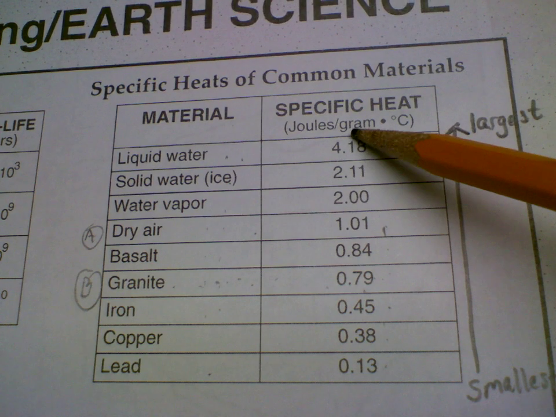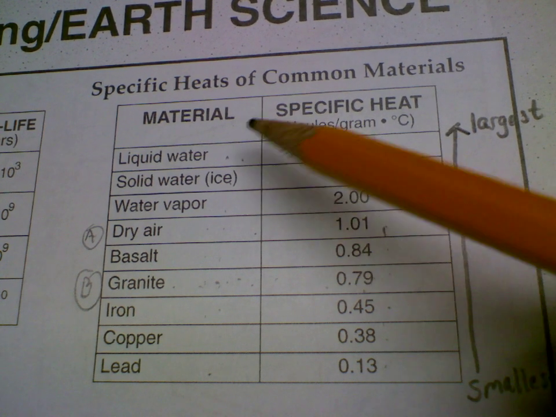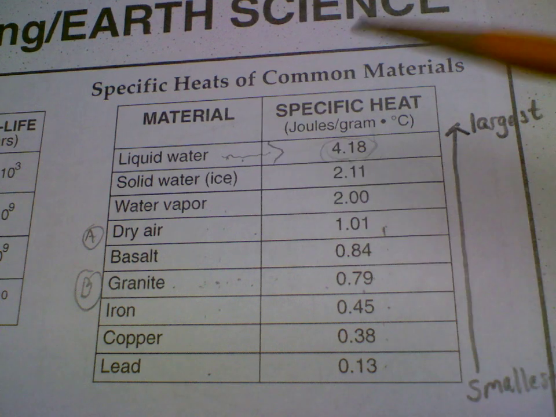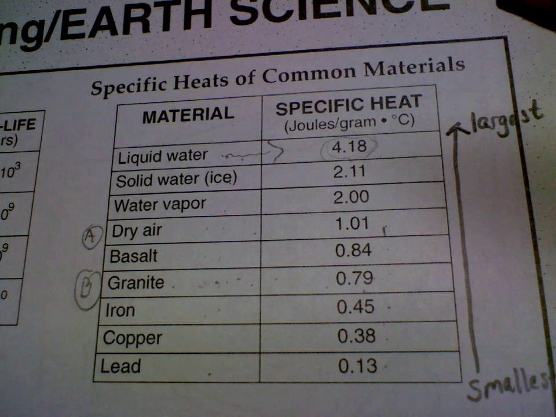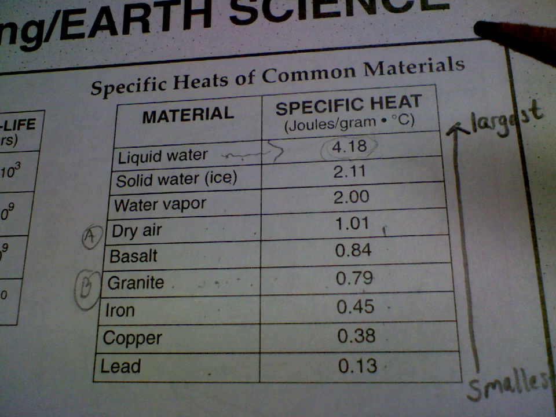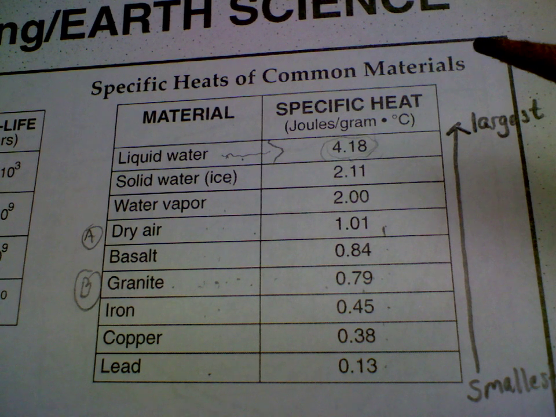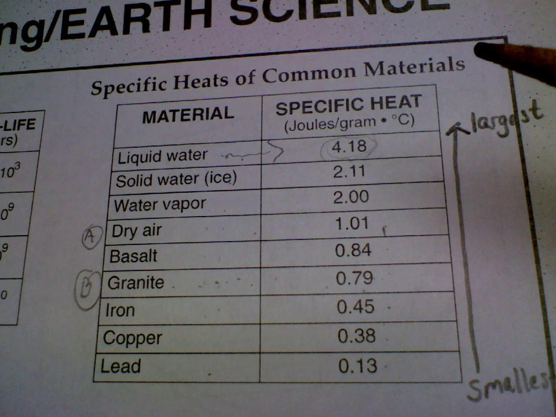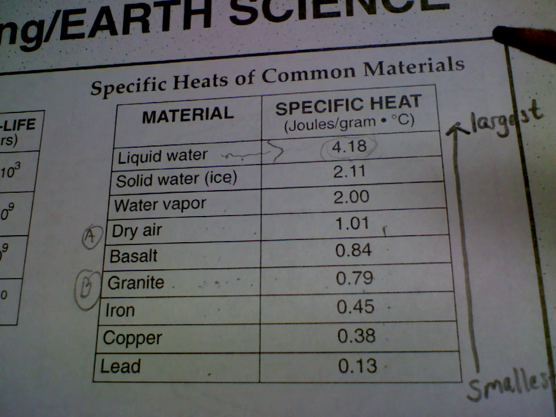Take a look at liquid water, by the way. Liquid water is by far the toughest naturally occurring substance on Earth to change the temperature of. I mean, think about trying to boil water when you're making pasta.